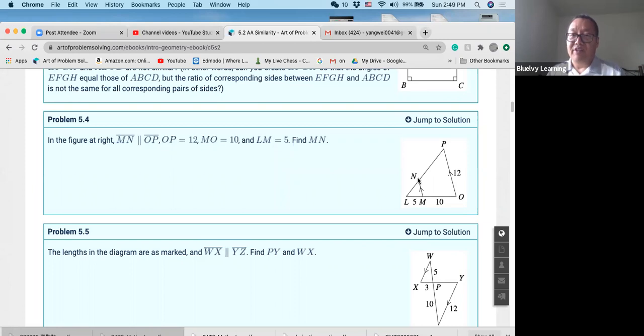Everybody, can you try this? So first step, you need to use AA similarity to prove you have two triangles that are similar. Then their corresponding sides will have the same ratio. Then based on that ratio, solve an equation to find MN.